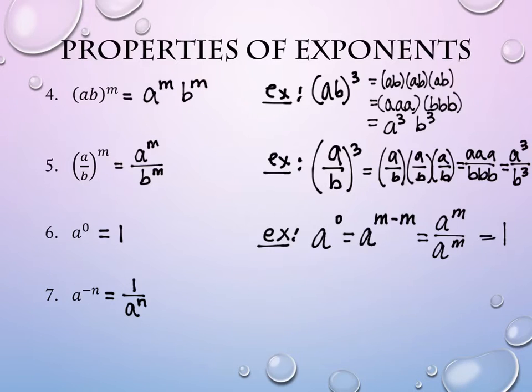Our last property, I can actually hinge upon the property that I just used, and I can do a proof for it as well. So if I have a to the negative n, a different way of writing this, again, you may not think that you would think to do it, and that's okay, is 0 minus n as the exponent. Is it at least true? Negative n is 0 minus n.